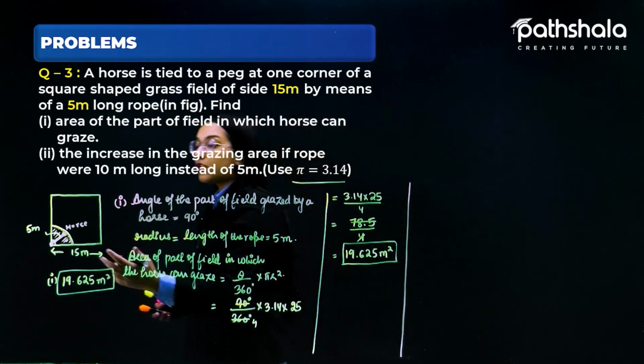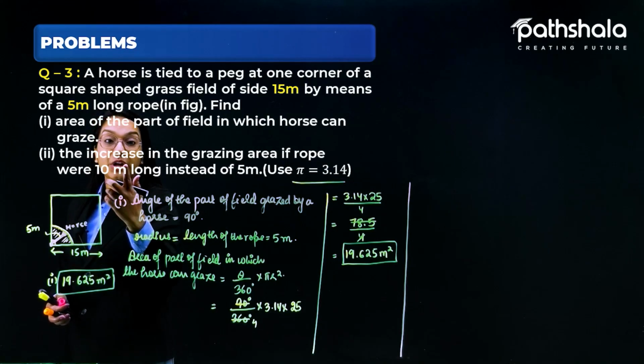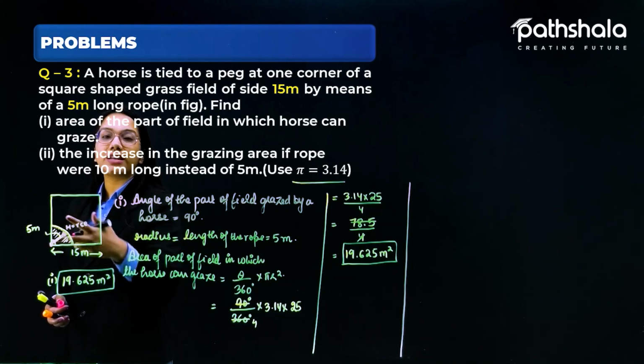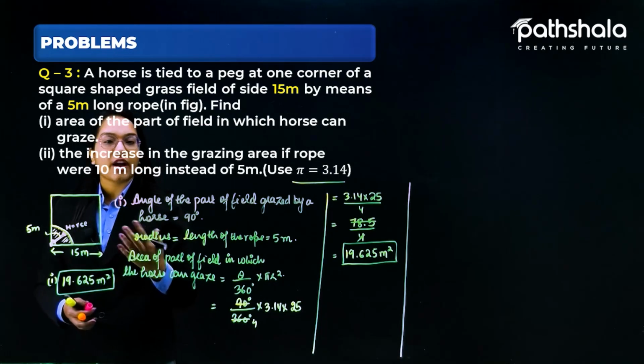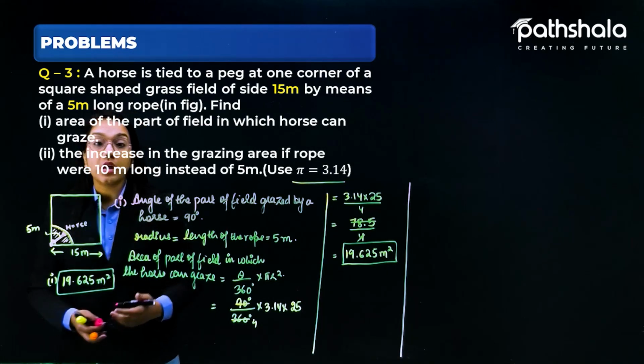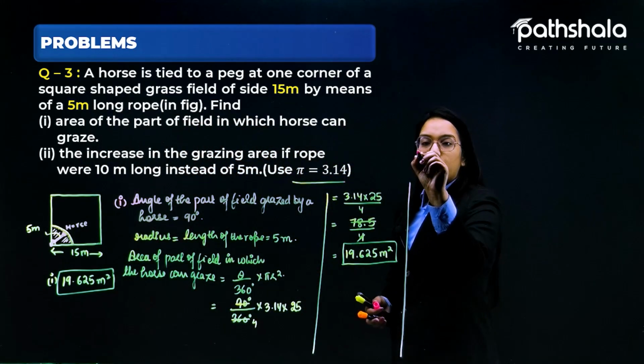Now we are taking the rope of the horse as 10 meters. So it means that now the radius for this particular quadrant is actually 10 meters, 5 meter more than the previous one. Now let's take the various information that we have.